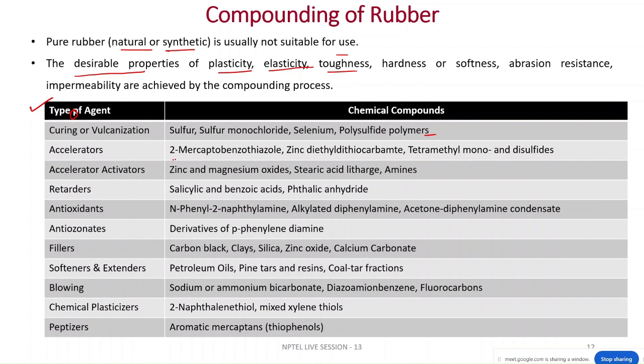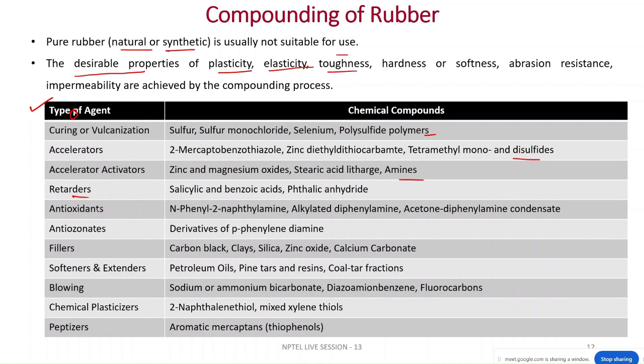Accelerators, which we have already discussed, are mercaptobenzothiazole, zinc diethyl dithiocarbamate, tetramethyl mono or tetramethyl disulfides. Accelerator activators are used, like metal oxides such as zinc and magnesium oxide, stearic acid, litharge, and amines.